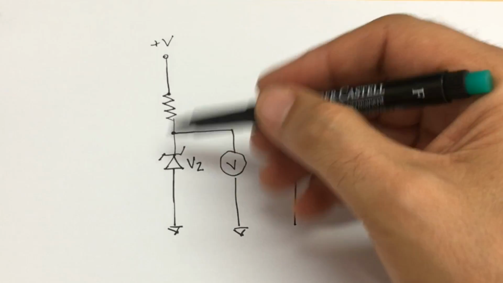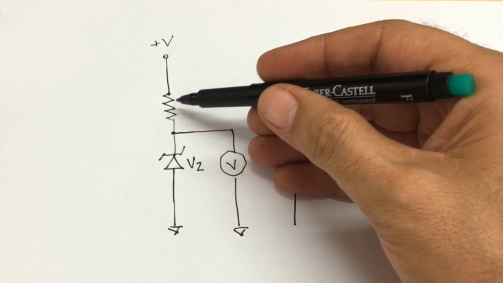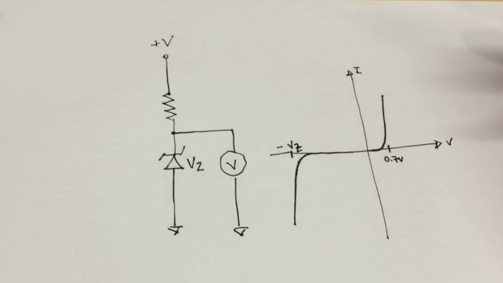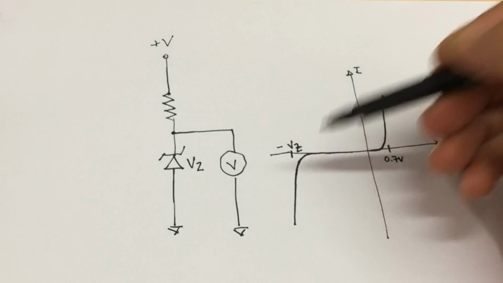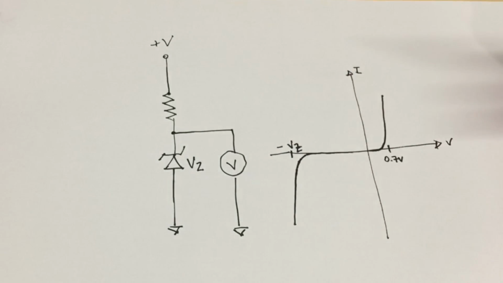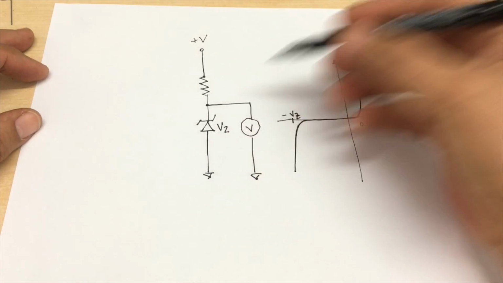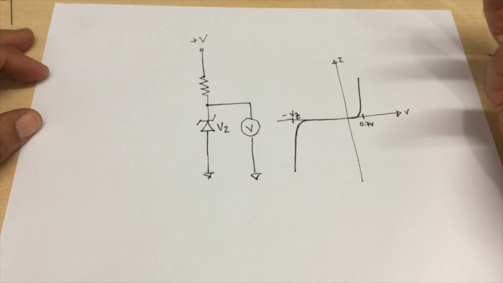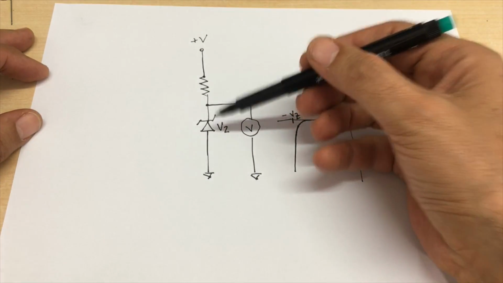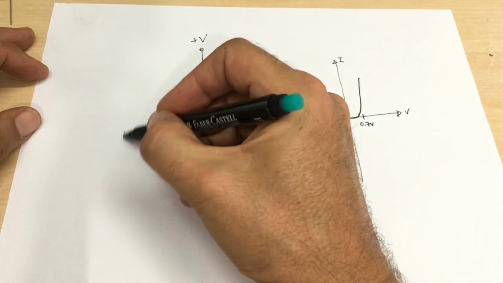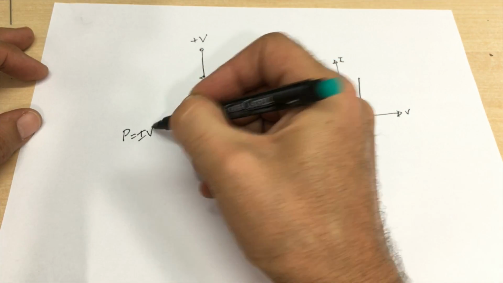The way to set this up is to choose a resistor that won't do any damage and that will give you enough current through the diode to give you a reasonably accurate breakdown voltage. And the right current is neither here nor there. The maximum current is easy. You've got the formula P equals IV.